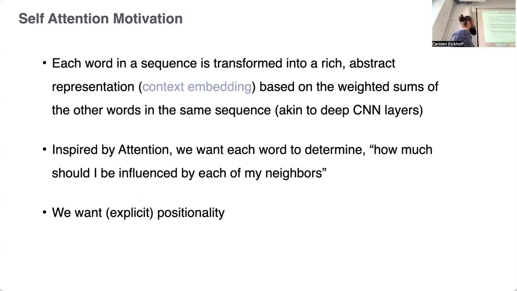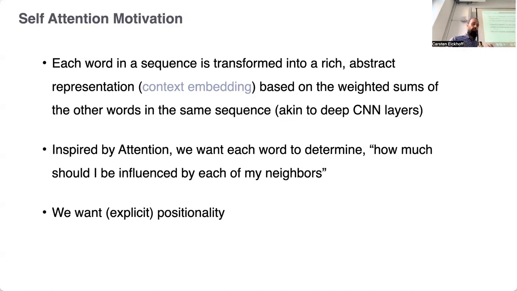This is going to be the high-level scheme, and then we're going to look into some of the ways in which we get there, right? So we transform each word, hopefully have rich abstract representations of meaning. And now what we want to have is some form of weighted sum of the other words in the sequence, right? This is what we've seen so far.